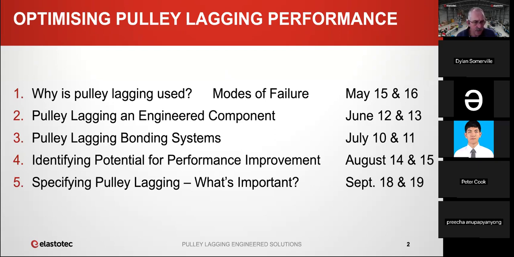The fourth webinar, we will focus on identifying potential for performance improvement, and when we do that particular course, we'll be looking at the overall performance improvement of both the lagging and the conveyor belt. And the last webinar, we'll look at specifying pulley lagging and what are the important things to cover.